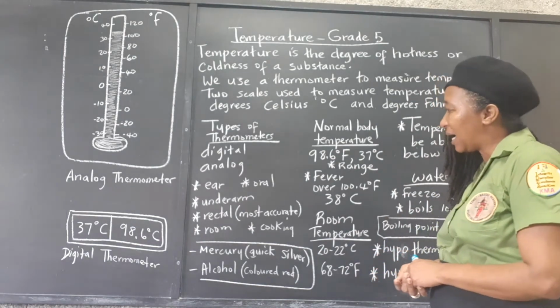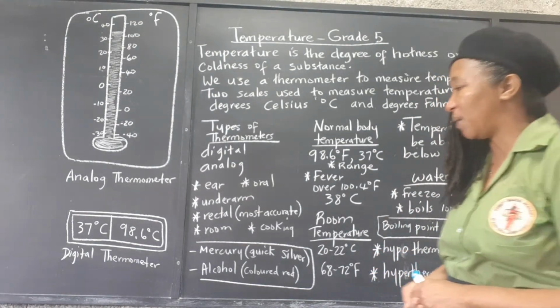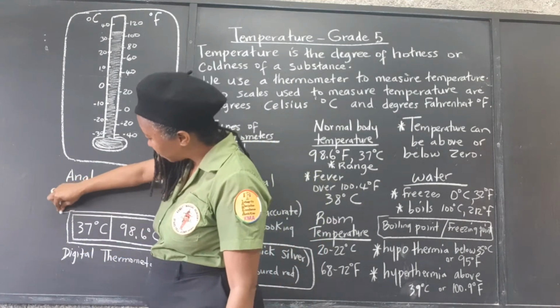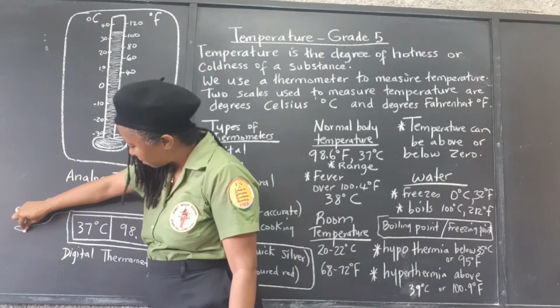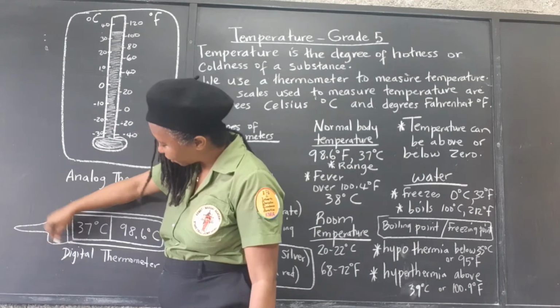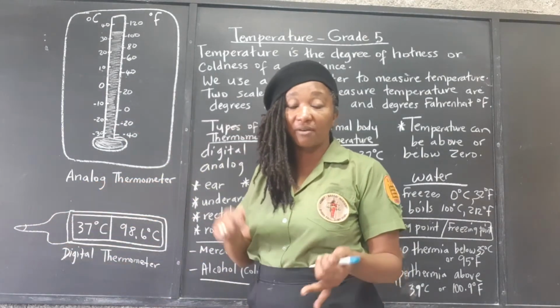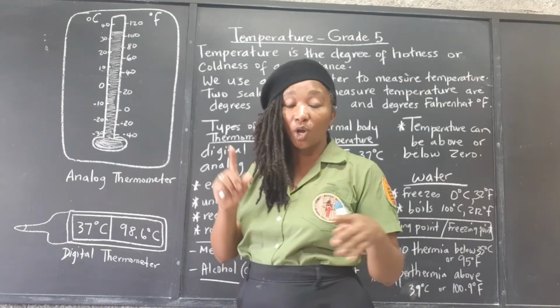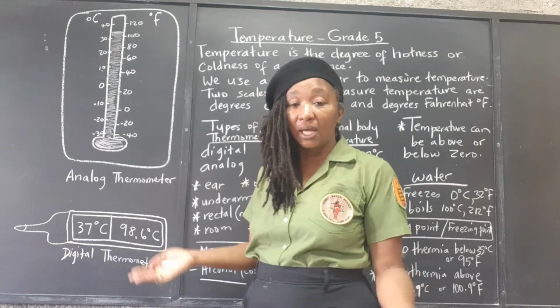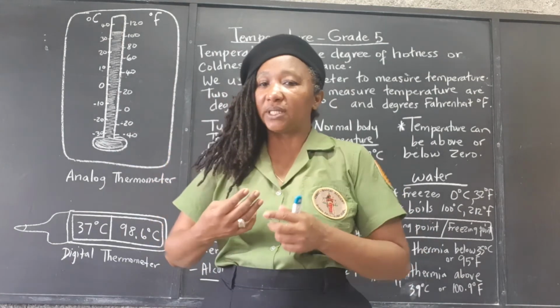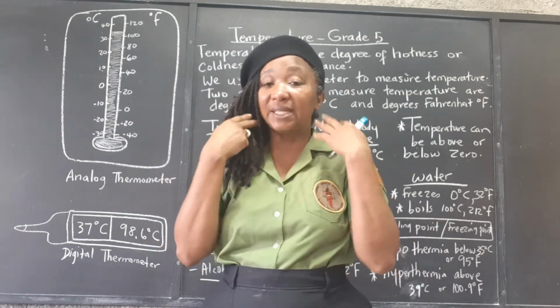So let's look at the thermometer. Over here we have a digital thermometer. Of course you would have the little section where you would insert the metal tip, either in the ear, the mouth, the rectum, under the arm, anywhere on the body that is really closed in, under your arm or inside.